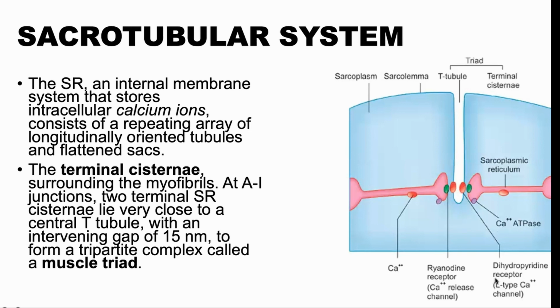There are also receptors that are necessary, and as you know, the cell membrane will have receptors or interact somehow with receptors to create actions in the cell. So here they have this triad. This includes the terminal cisternae and the T-tubule. They basically call this the triad.